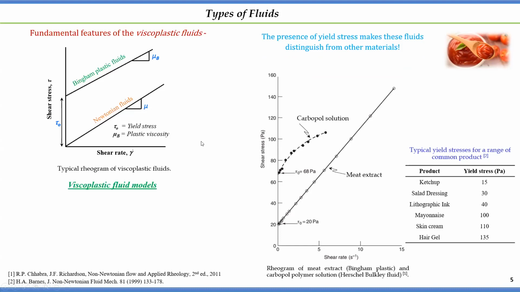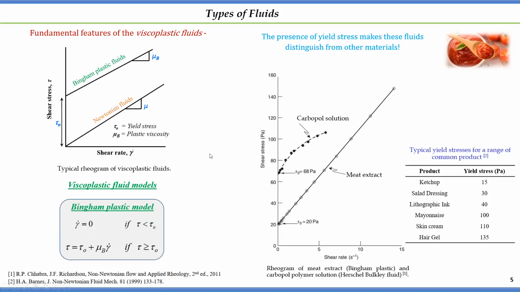As technologists and engineers, we always try to characterize this behavior mathematically, and the simplest model for such fluid behavior was proposed by Professor Eugene Bingham. So what does this model say? This model says that when the fluid experiences a stress less than the yield stress value, it will not deform. That means no flow at all.